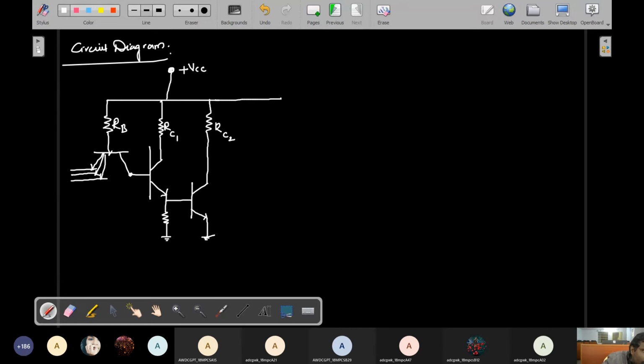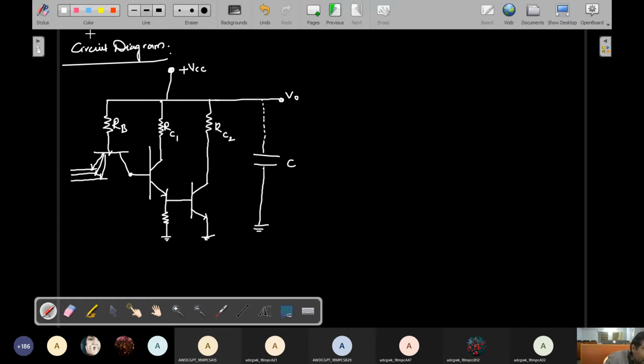This is the output V0, and at this output I used one capacitor to the ground. Okay, so this is the capacitor. See, this is the transistor. Here I am using 3 transistors.